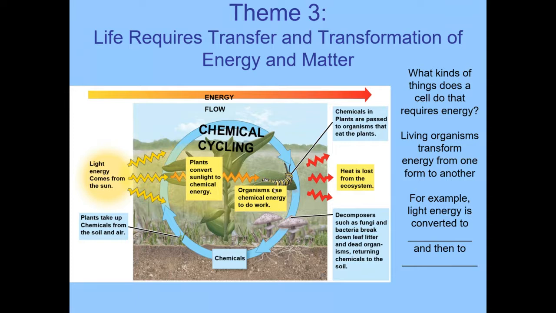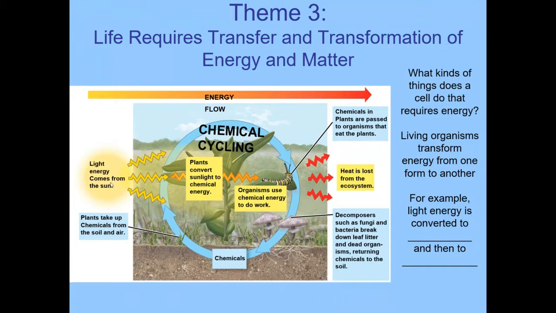And then other organisms eat the sugars to power their cells, right? And meanwhile, heat is being released and lost from the ecosystem. The dead animals go down in the ground and decompose, and the fungi and the bacteria pull out the chemicals that are important for the plants to do this whole process again.